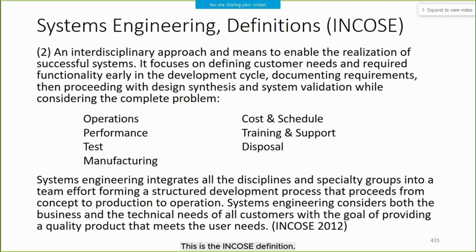This is the INCOSE definition. So these are the component parts of systems engineering, and the idea is that systems engineering integrates all of these disciplines into a team effort, forming a structured development process that goes from a concept to production to operation.